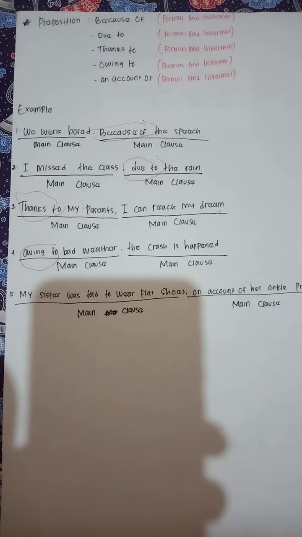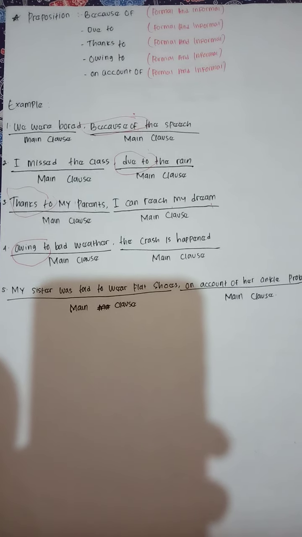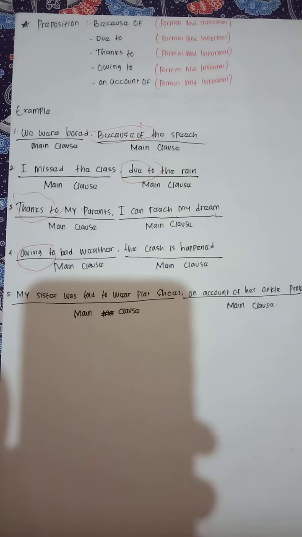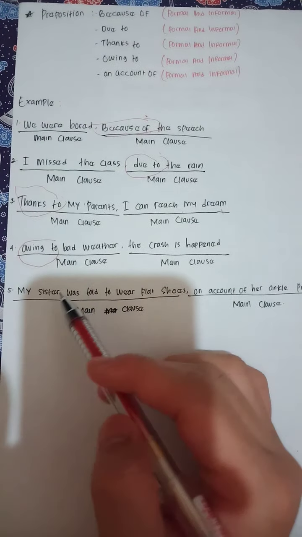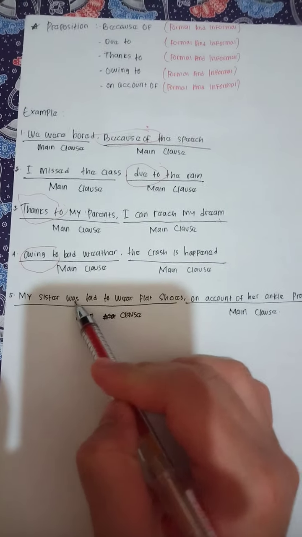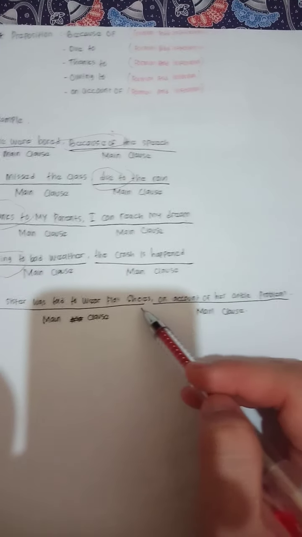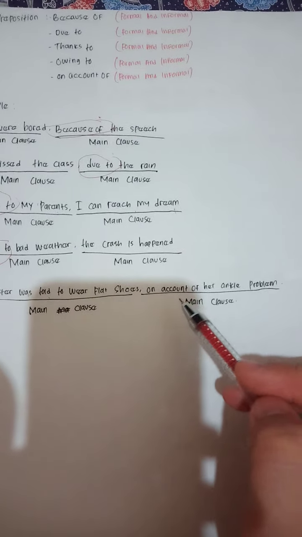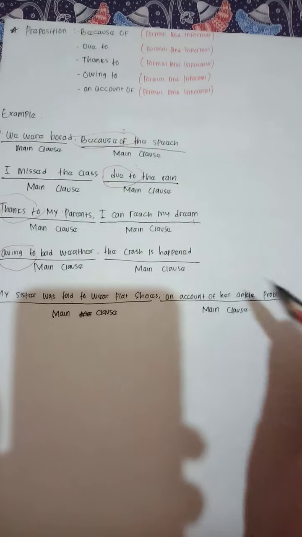The last, the fifth example, uses on account of. My sister was told to wear flat shoes on account of her foot problem.